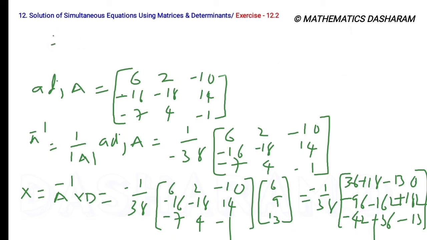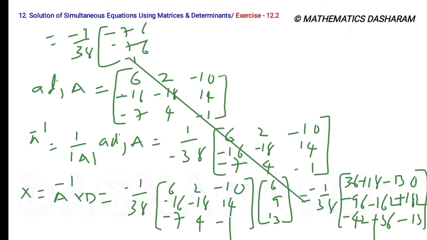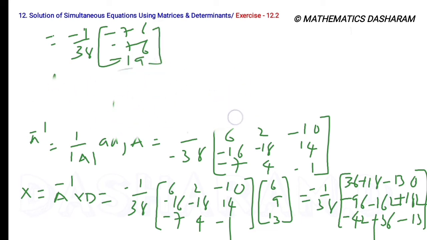It is equal to minus 1 by 38 into minus 76, minus 76, minus 19. Let's multiply minus 1 by 38 inside.